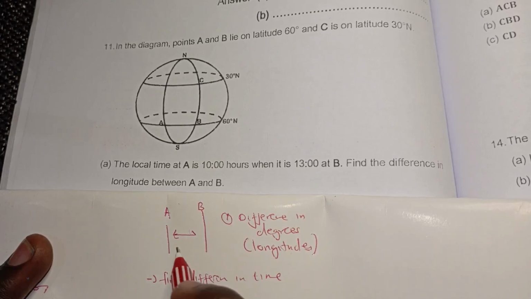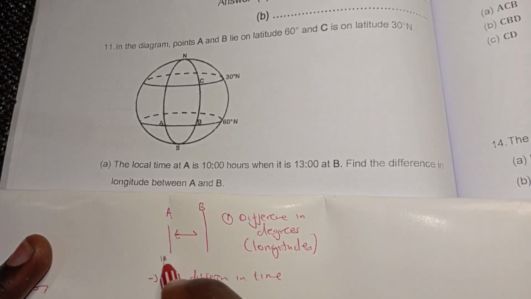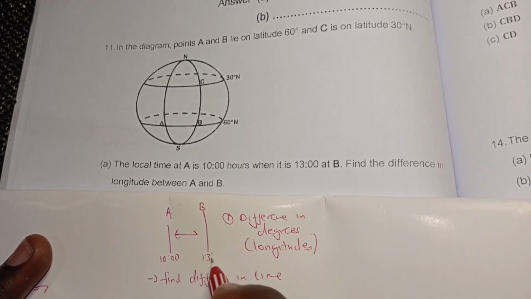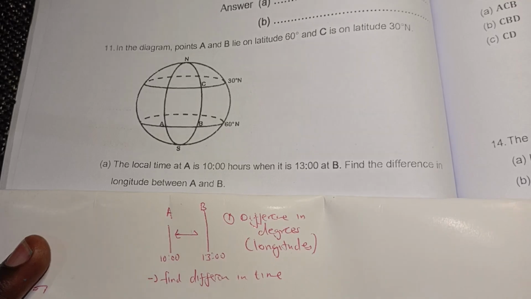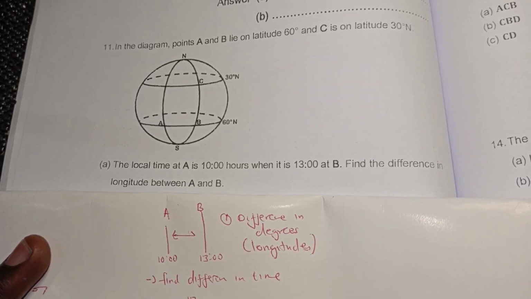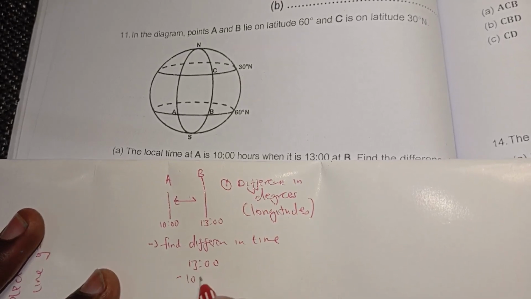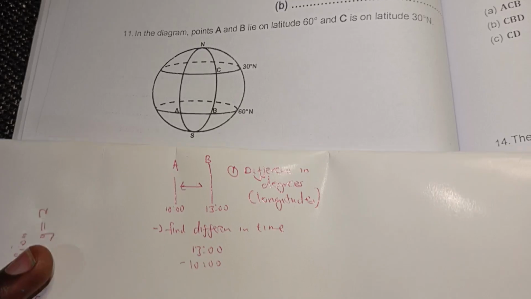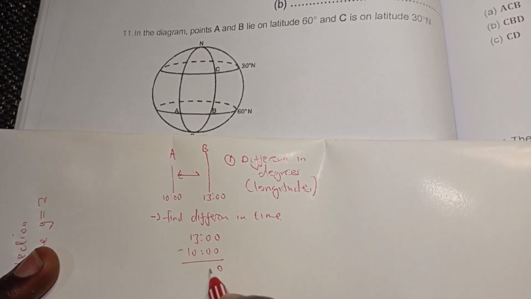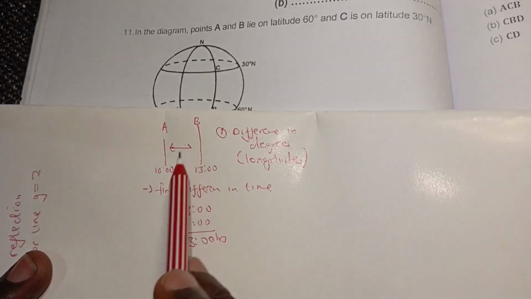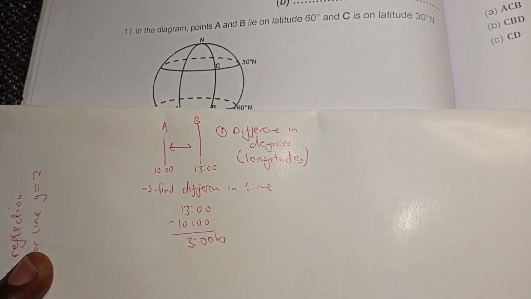What's the difference in time? A is 10 hours. B is 13 hours. So subtract 13 hours minus 10 hours. What do we get? 3. So there is a difference actually of 3 hours between these two.